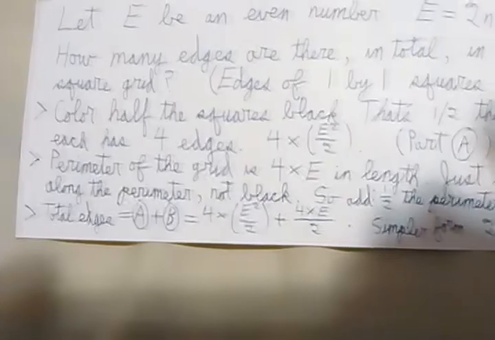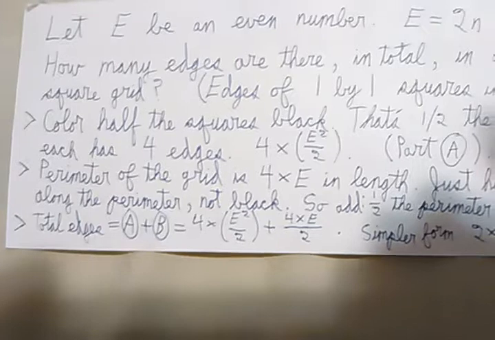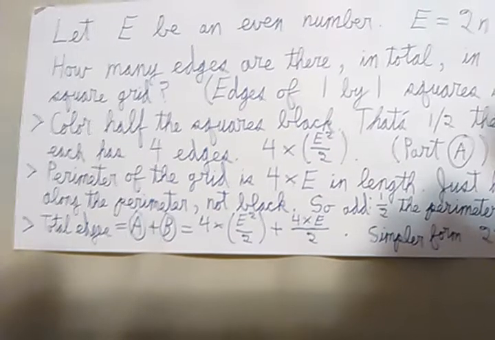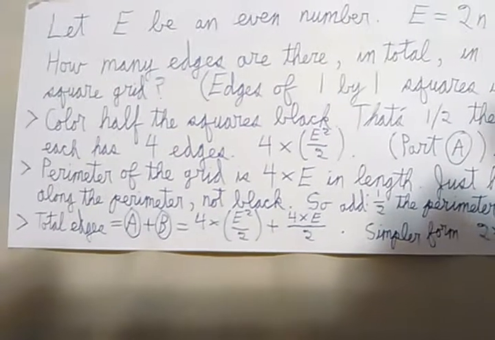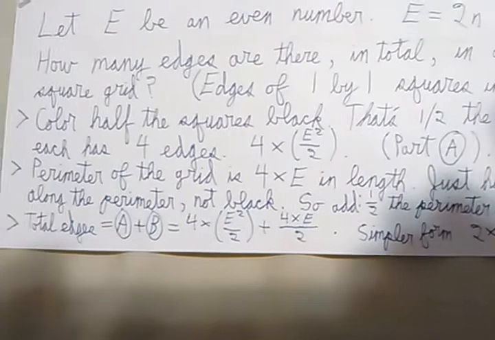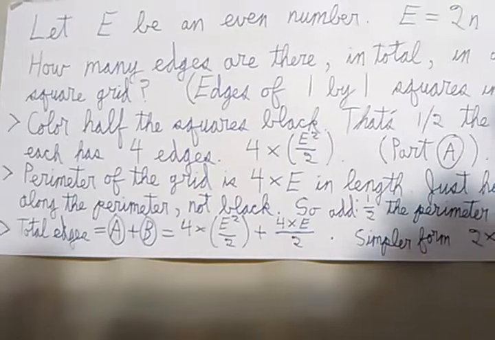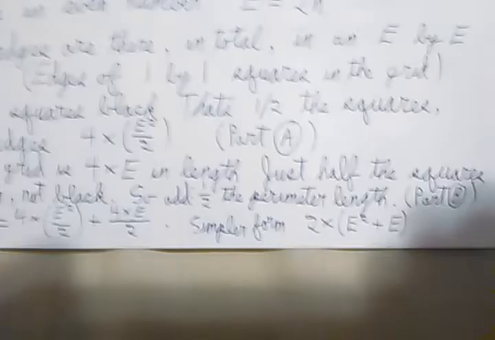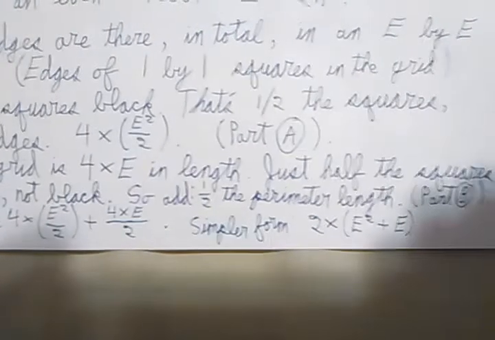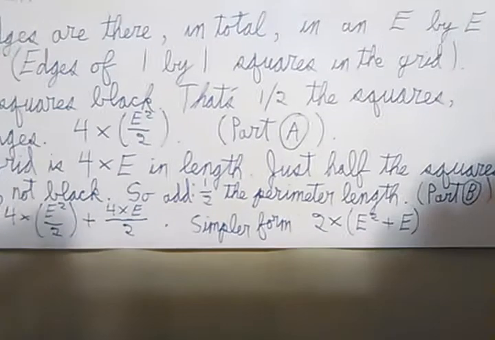So for our grand total number of edges in an E by E grid, it's going to be A plus B, 4 times E squared divided by 2, plus 4 times E divided by 2. A yet simpler form of that you can easily see is 2 times the quantity E squared plus E.